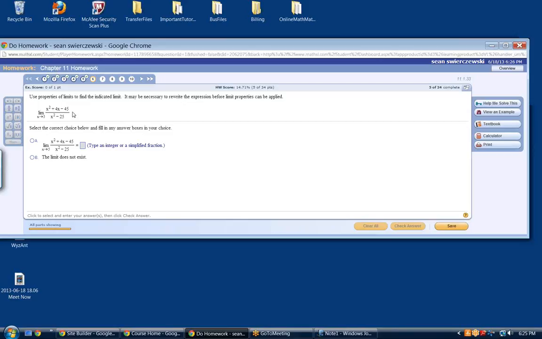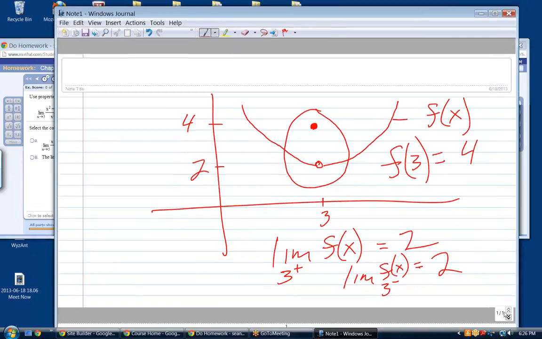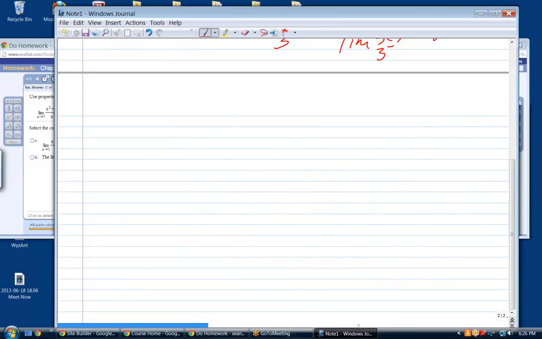Okay, when you're looking at limits of rational quotients, in other words, a polynomial divided by another polynomial, they're only difficult if upon direct substitution you end up with 0 over 0. By that I mean, if I want to know what the limit of x over 3 is as x goes to 5, it's 5/3.